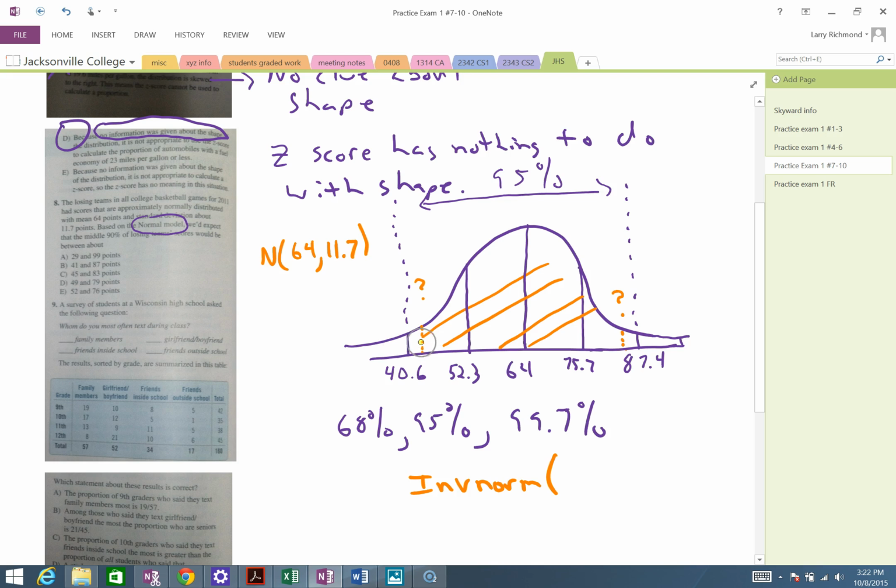If I want this to be the middle 90%, then what I want here is the 5th percent, and what I want here would be the 95%. From 5% to 95% would be the middle 90%. Inverse norm of 0.05, comma, mean of 64, and a standard deviation of 11.7.